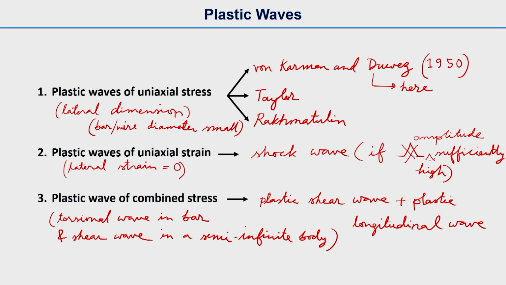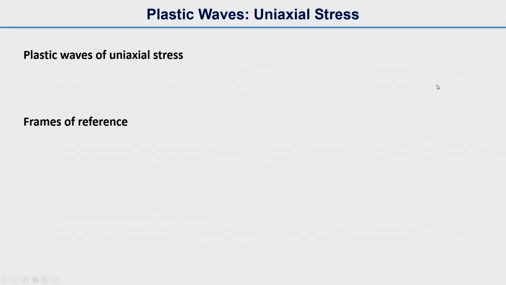So basically the shock wave is for the plastic wave, that means if the amplitude is sufficiently high. So, plastic waves of uniaxial stress. What we will discuss here is the von Karman and Duez theory.